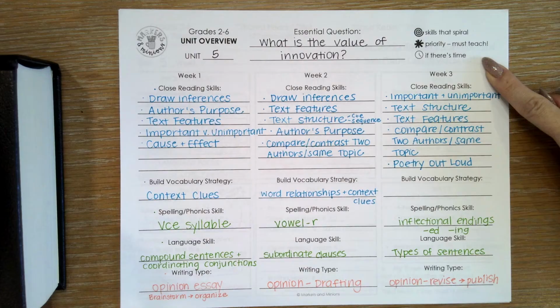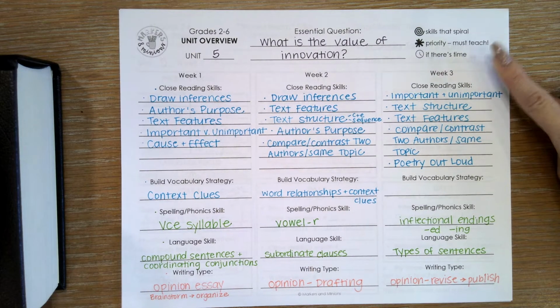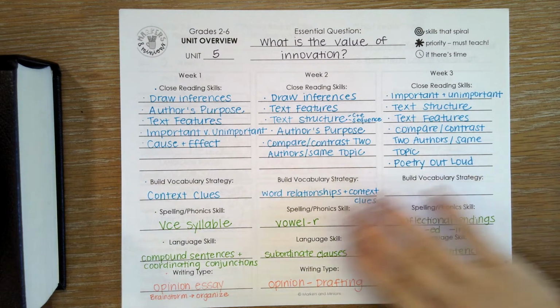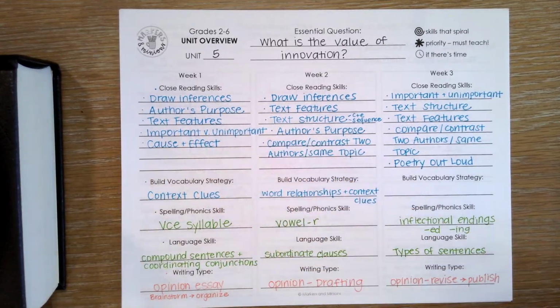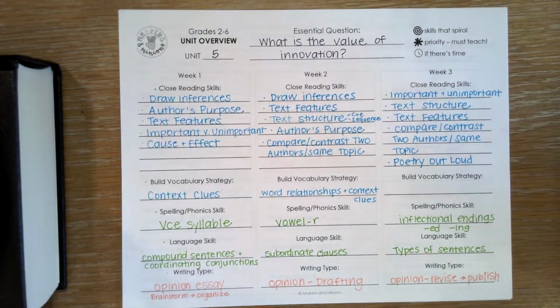Now I have a key up here, and I have to say in this Florida edition that we're using, I haven't really had to make the sort of decisions that I used to have to make in California when we had 7, 8 lessons a week, where it just wasn't possible. I had to combine, I had to get rid of stuff. In Florida, it seems really straightforward, and you maybe don't need to eliminate or combine much. But this key is here if you do need to make those sorts of decisions.